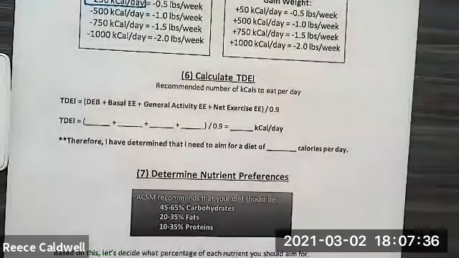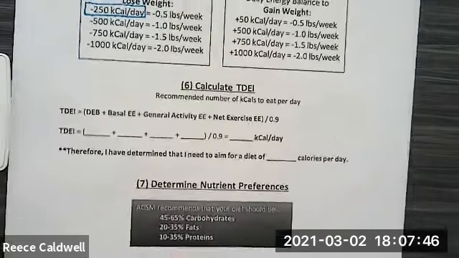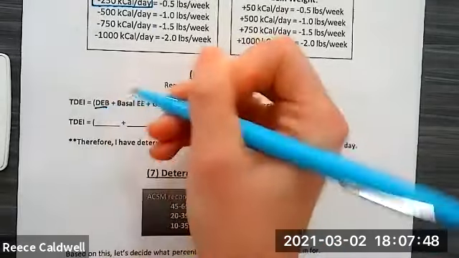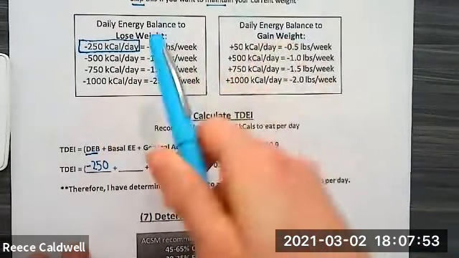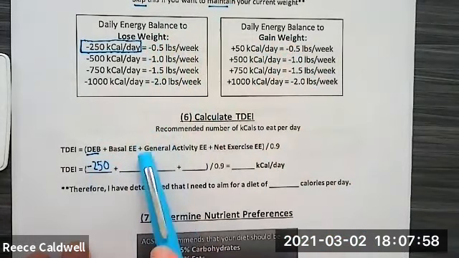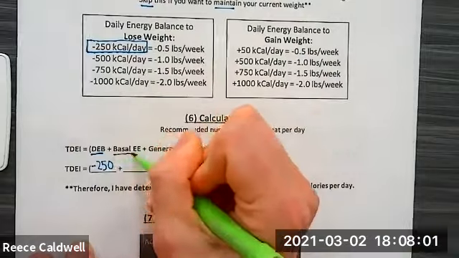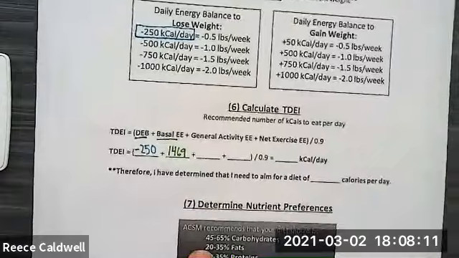So we are finally to calculating our TDEI. Again, this is the amount of calories that we can get in per day. So we're going to go ahead and plug in the values we got. From our daily energy balance right up here, we have a negative 250. If you did not select one because you want to maintain your weight, leave that blank. Then we have our basal energy expenditure, one of our first steps, which was 1,469 kcals.